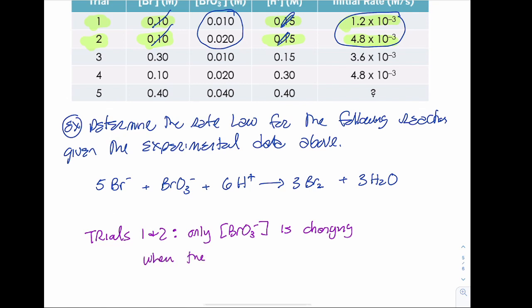When the concentration is doubled, the rate increases 4 times. So if it was first order, if I doubled the concentration, my rate would double. Since my concentration is being doubled, the rate goes up 4 times. What is my order with respect to BrO3?